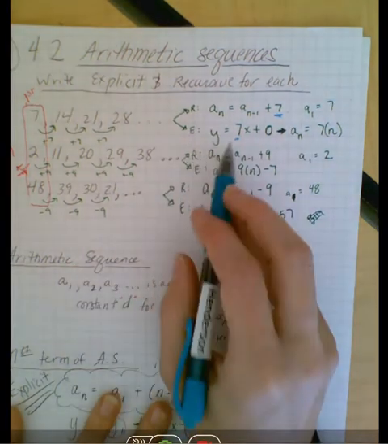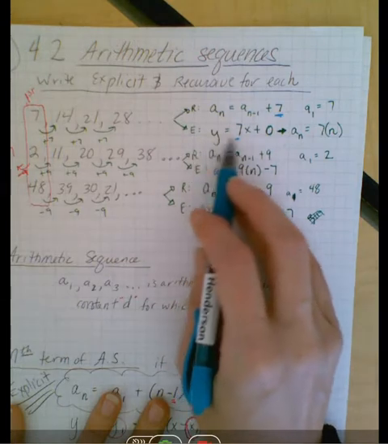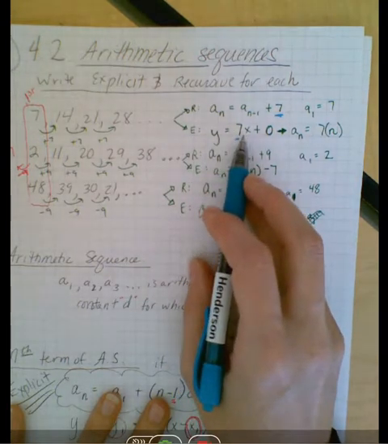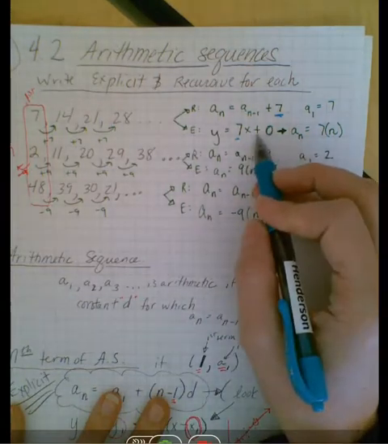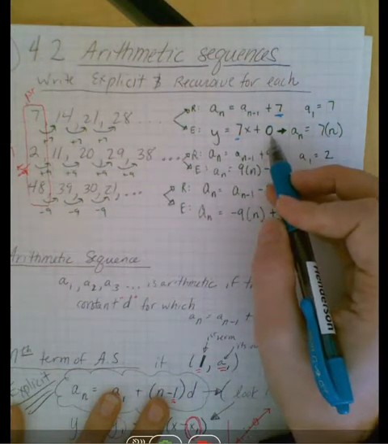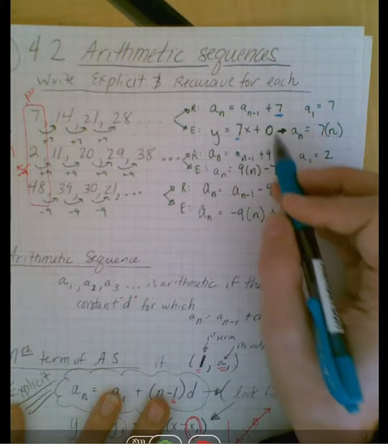Explicitly, the easiest way to think about these is y equals mx plus b, right? Where I'm talking about a common difference times the placement of my term, and I'm adding some output that is associated with the 0 term.